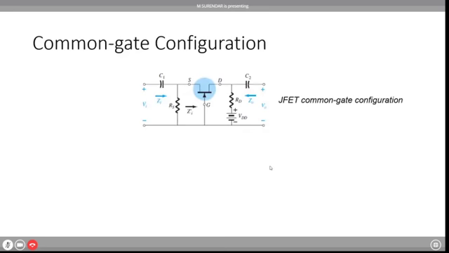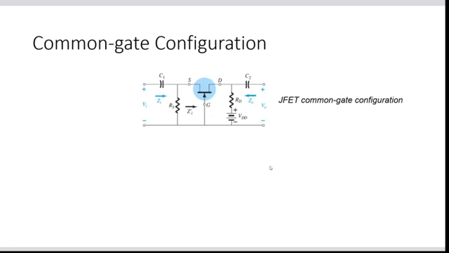Between the source and the gate, we will be giving the input, and between the drain and the gate, we will be getting the output. And also we have a VDD. There is a DC source here. There is only one DC source here.